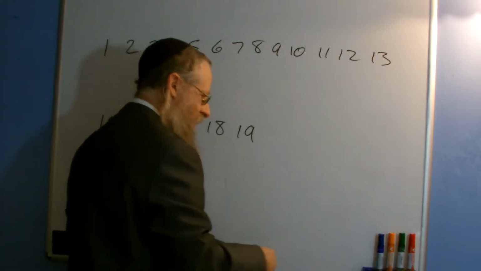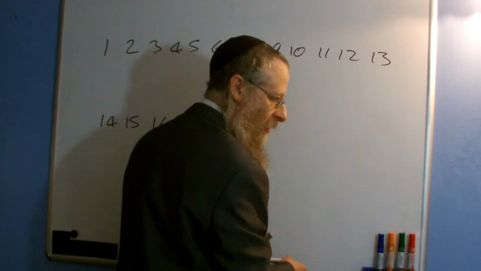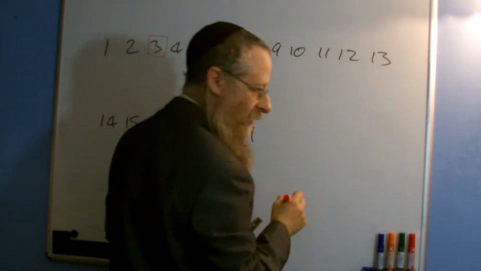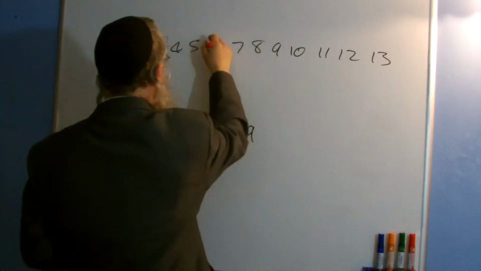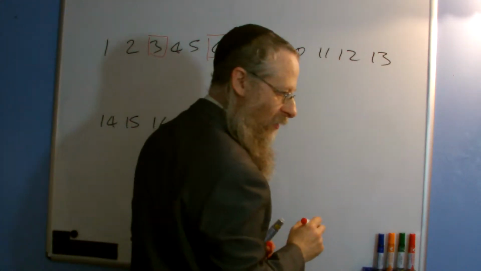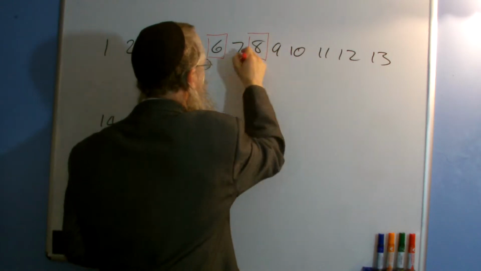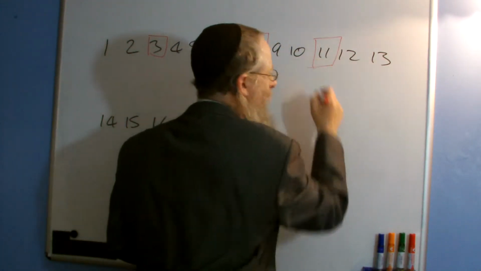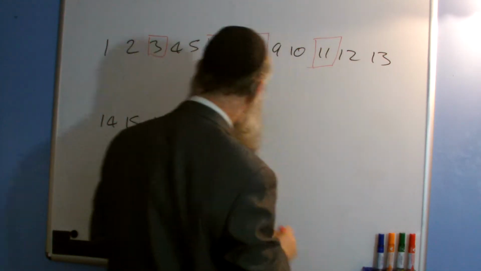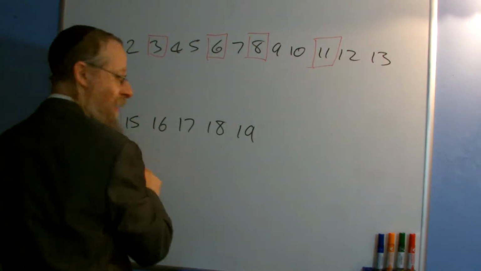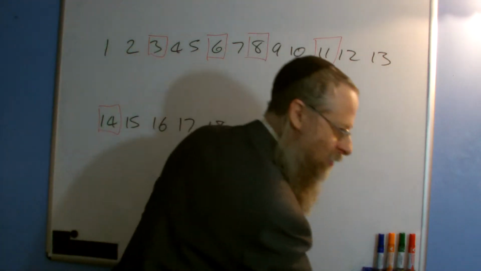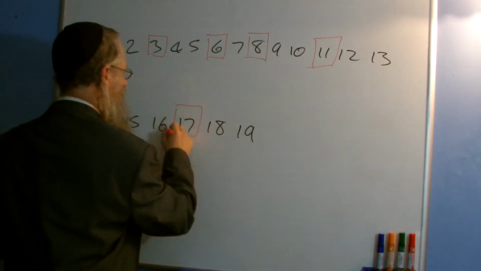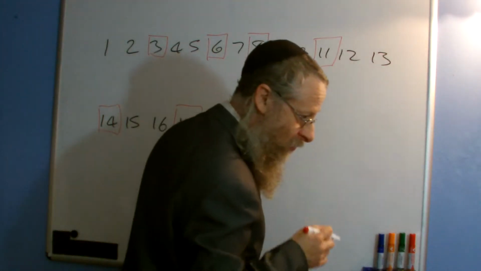Now the leap years are the 3rd year, the 6th year, and then we have 1 normal year, and then 2 years, and then the 11th, and then 14, then 16, then 17, 2 years, and then 19.